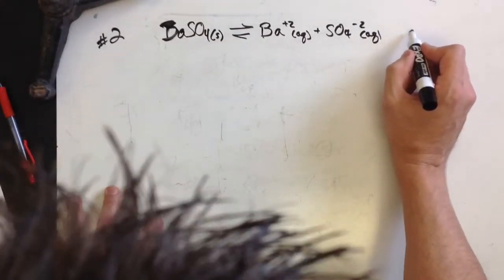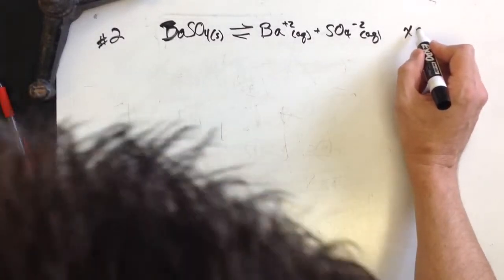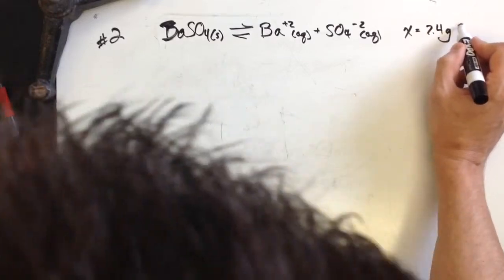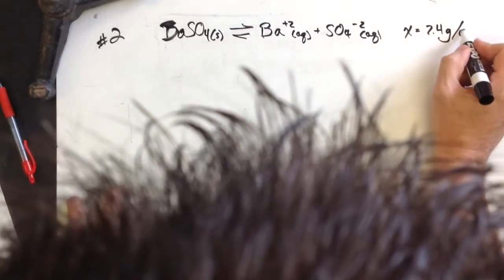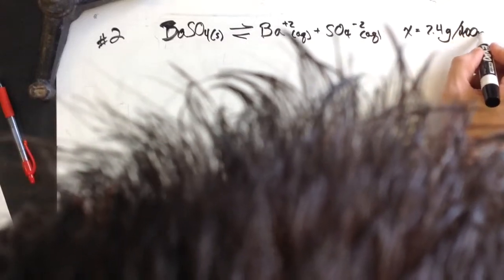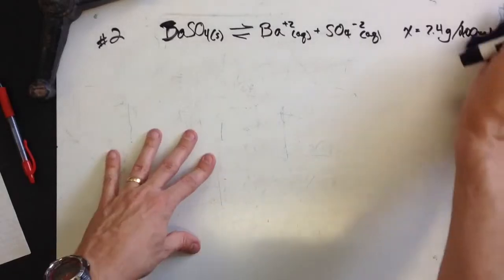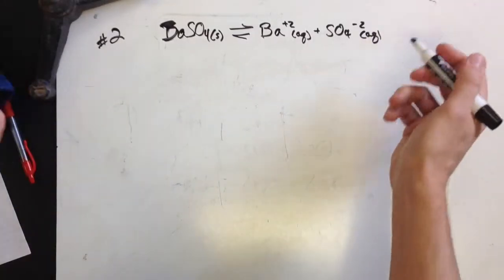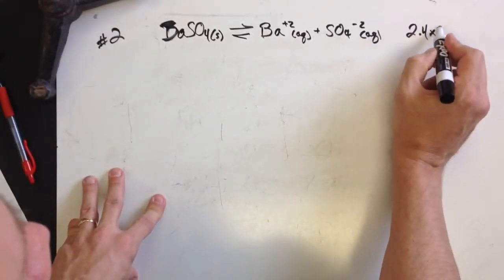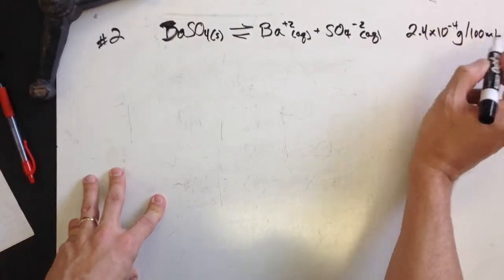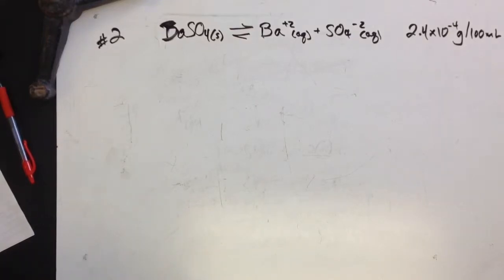And it says our solubility, which is X, is 2.4 grams per 100 milliliters. Sorry, that's 2.4 times 10 to the negative 4. Okay. And we are trying to find the KSP of the solution.